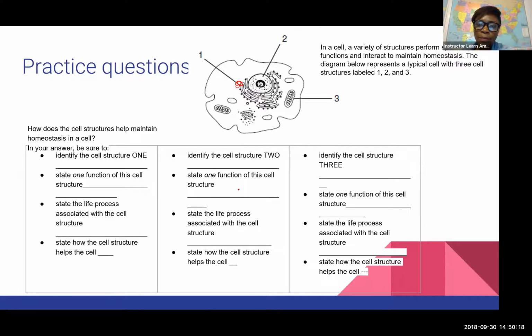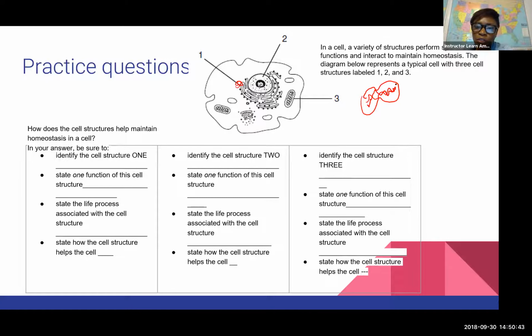Structure 3. Let's take a look at that. So the giveaway for structure 3, when you're looking at these images, I'm going to draw on the side here. Anytime you see a folded structure on the inside, that's a giveaway that it's the mitochondria.